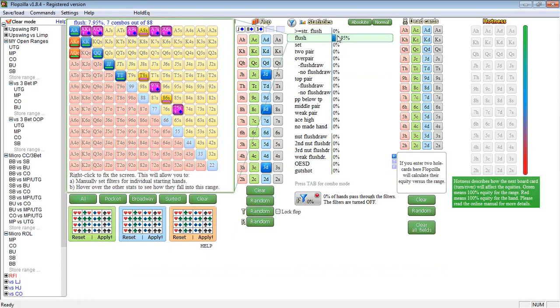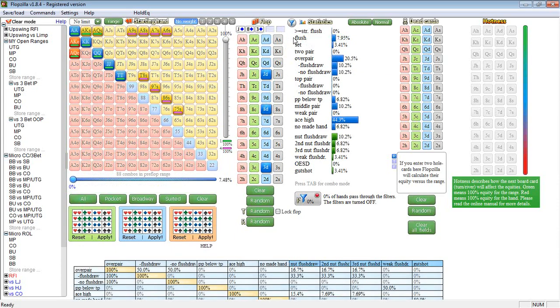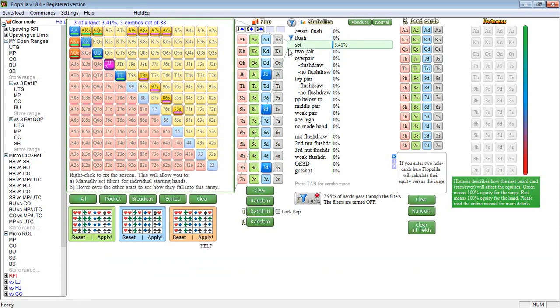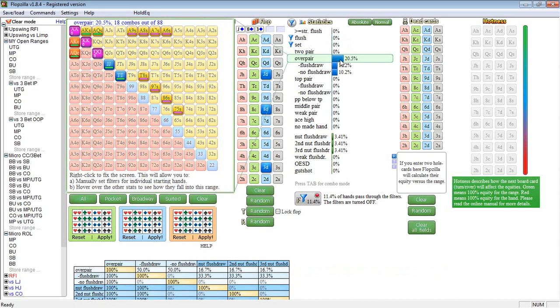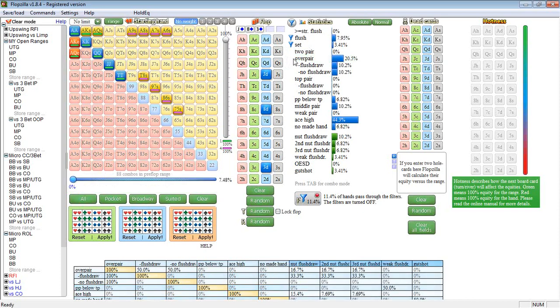So flushes, sets, and 70 divided by 23% of my range I want to be value. 2 pair, over pairs.